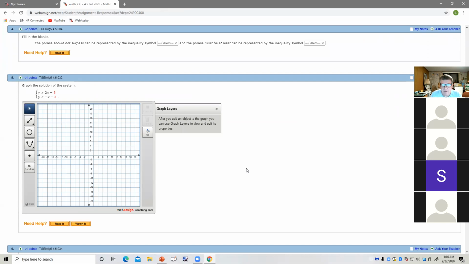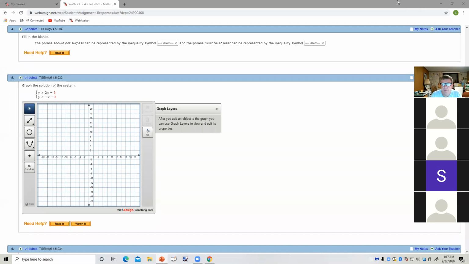Okay, because now, can everybody see problem number 5 from WebAssign on your screen? Yes. Okay, good. So I've got y is greater than 2x minus 3, and y is greater than or equal to negative x minus 3.